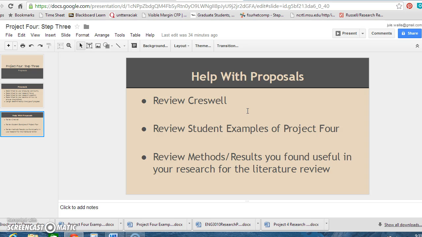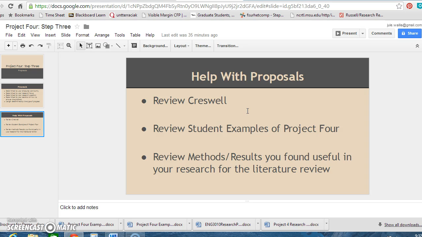Remember, proposals are different than methods because we're not actually conducting research in labs or classrooms, doing case studies, or going into the field. But you'll still have to consider a kind of method of proposal for how you might answer the research question that you've posed in the introduction and literature review.